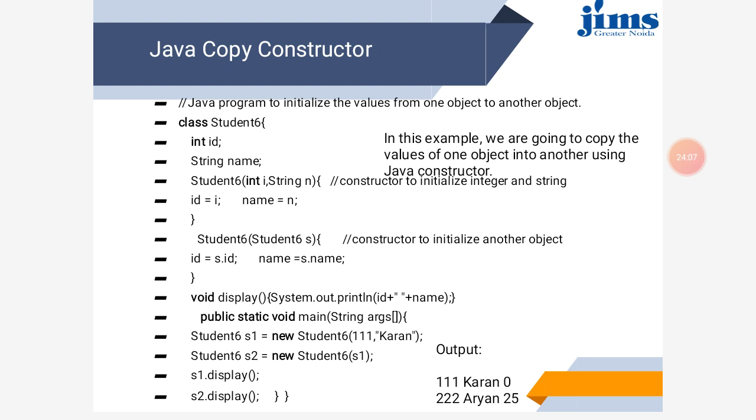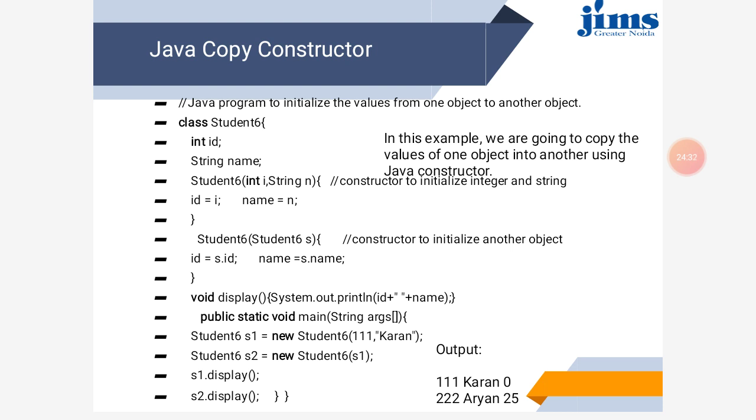So in this program we can see we are creating two objects, and one object is using one constructor which is initializing variables. So for first object S1, we are calling the constructor by passing two values.